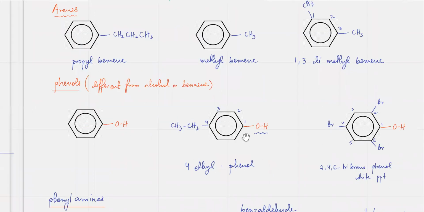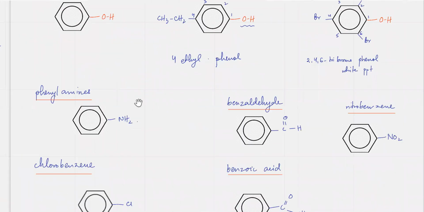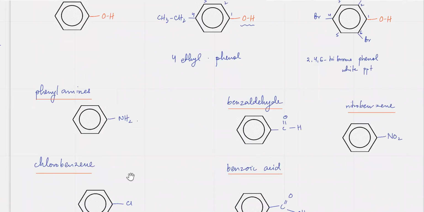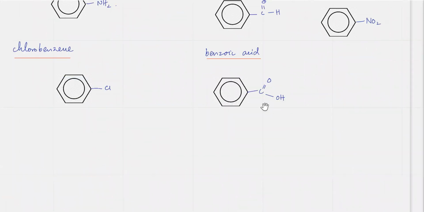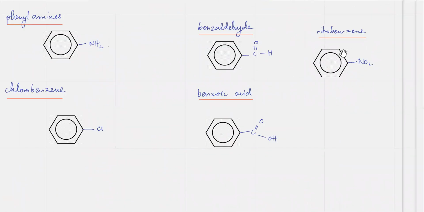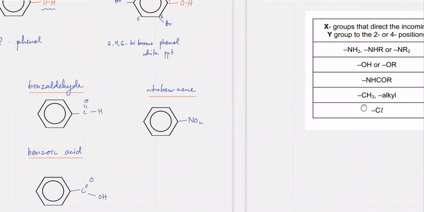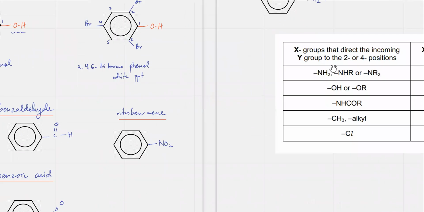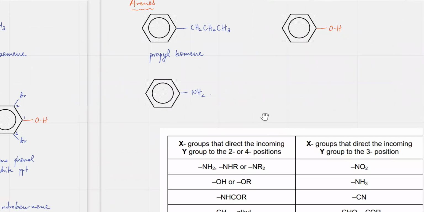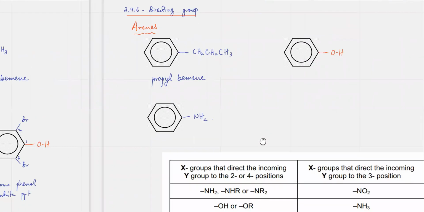You've got phenols. You've got phenylamines, which are benzene with an NH2. You've got chlorobenzenes, benzoic acid, benzaldehyde, and nitrobenzenes. And I told you that all of these undergo electrophilic substitution because they have a benzene ring, except that there would be slight differences.